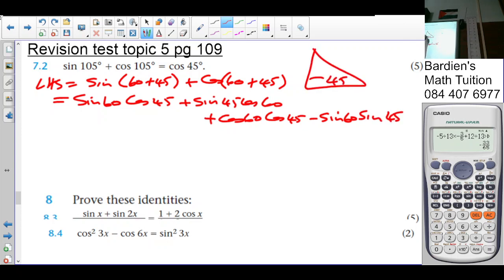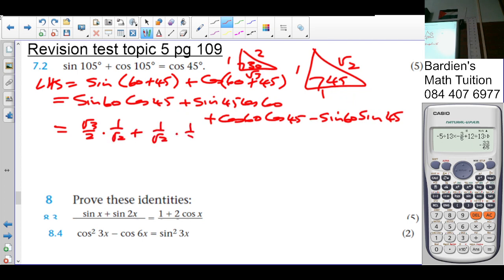So for 45, it's 1 over root 2. So for 30, it's 1 over 2, root 3 over 2. Okay? Sine of 60 is root 3 over 2 times 1 over root 2, plus 1 over 2 times 1 over root 2.